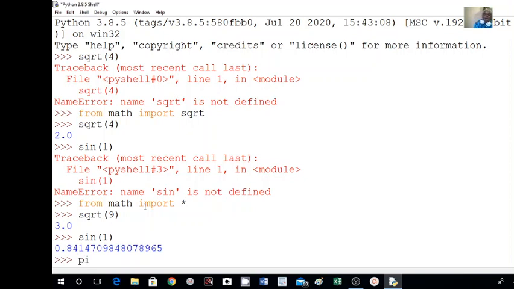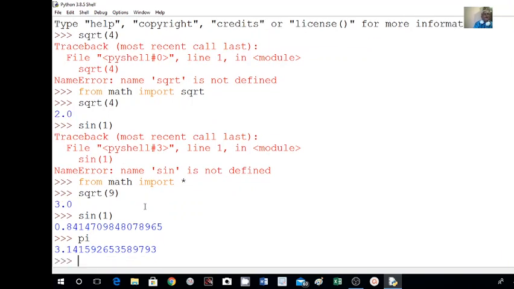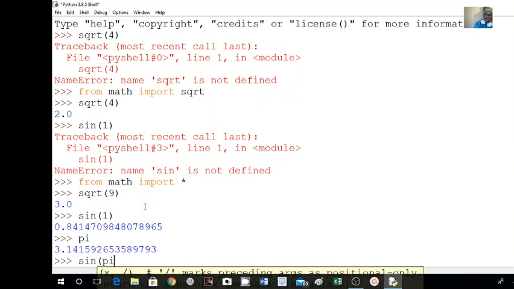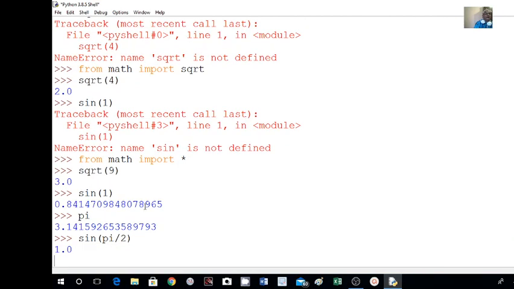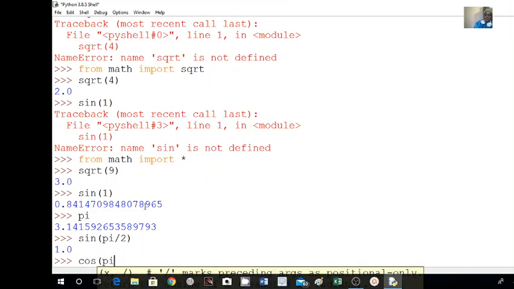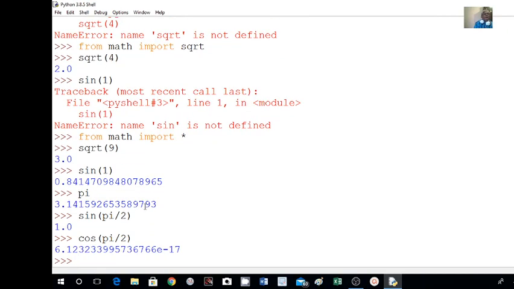Okay. And next, some more commands are there. If I type pi, enter, I am getting this value here. Sine of pi by 2, enter, I am getting the value of sine. Similarly, cos of pi by 2, enter, I am getting the cos value.